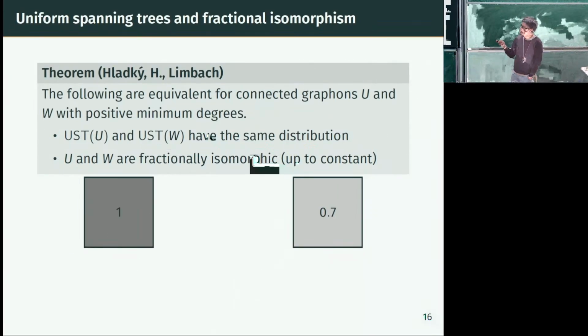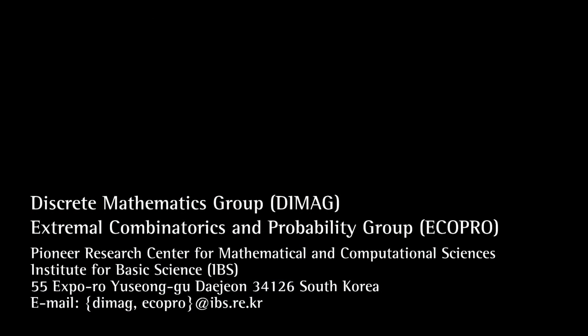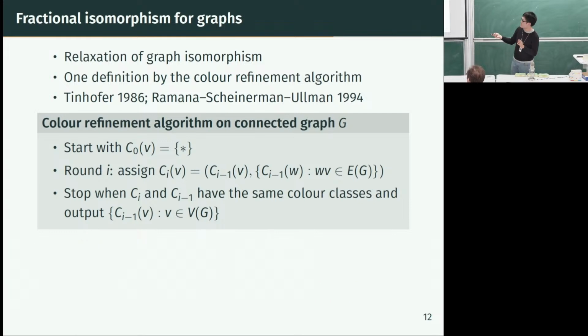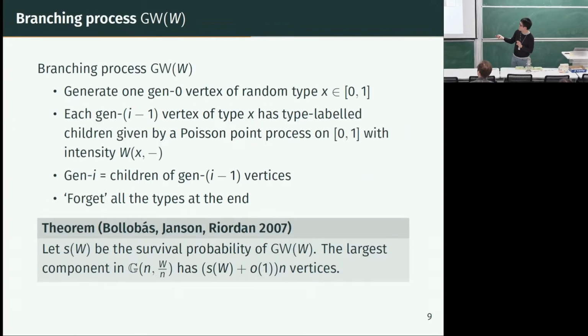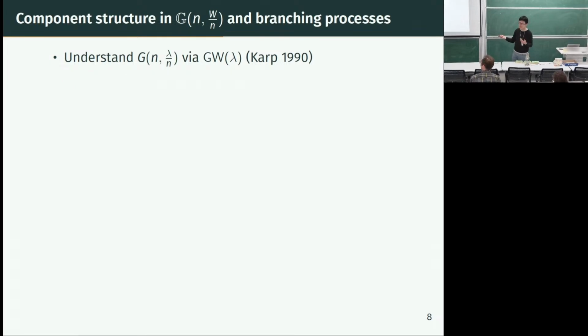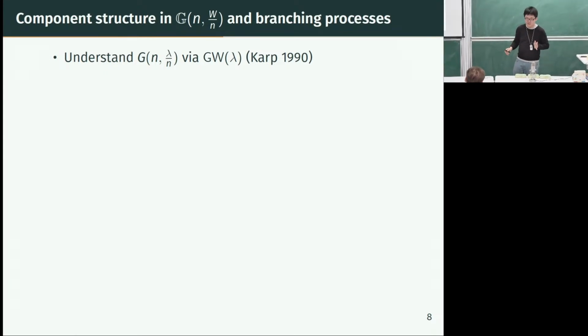So I think the point is, you will more or less get the same. One thing I didn't mention, which actually comes out of the theory, is that in this regime, things are more or less tree-like.